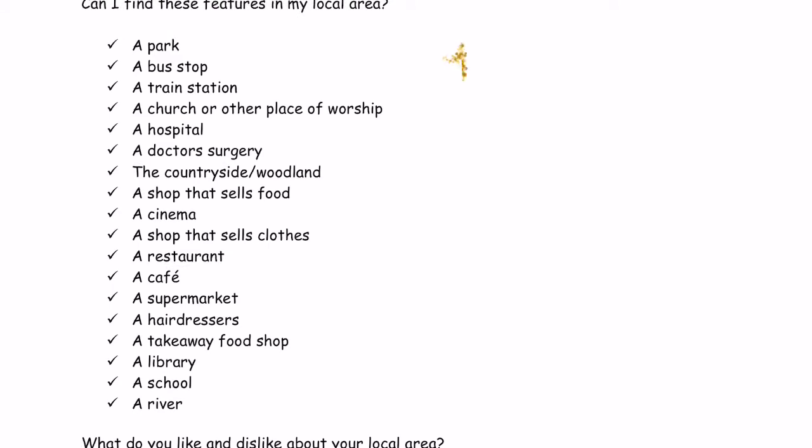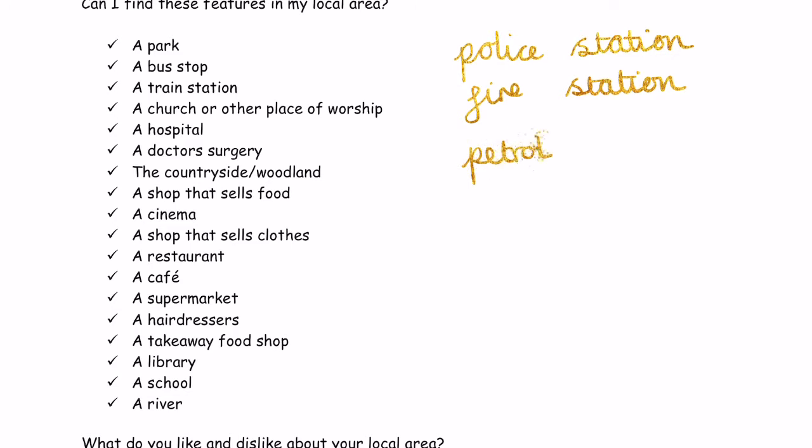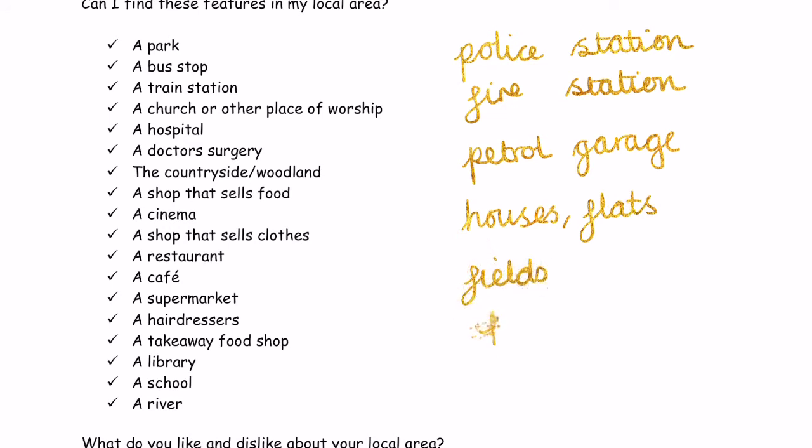You might find a police station, or a fire station. You might find a petrol garage. You might find lots of houses, or maybe some flats. You might find some fields or a farm.